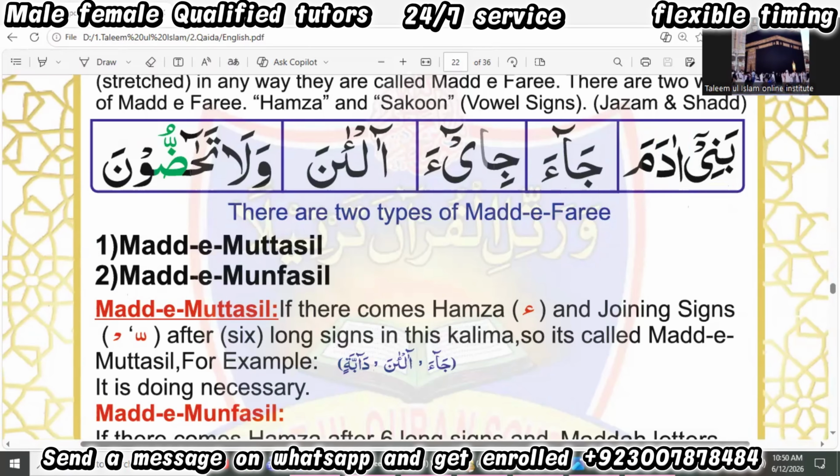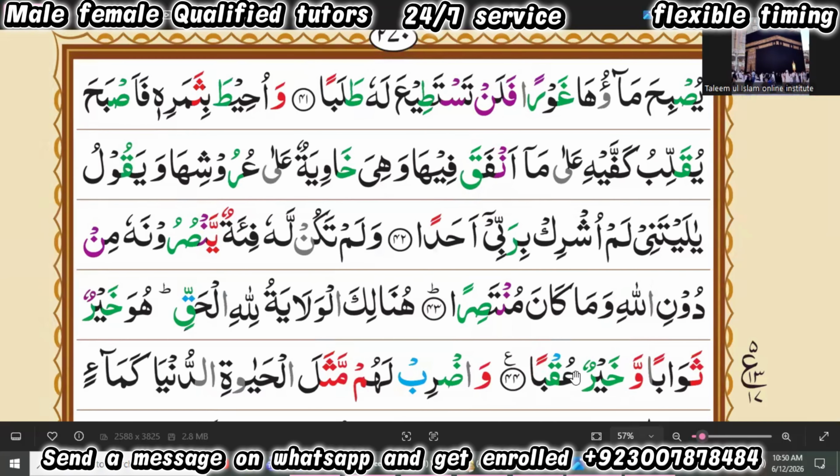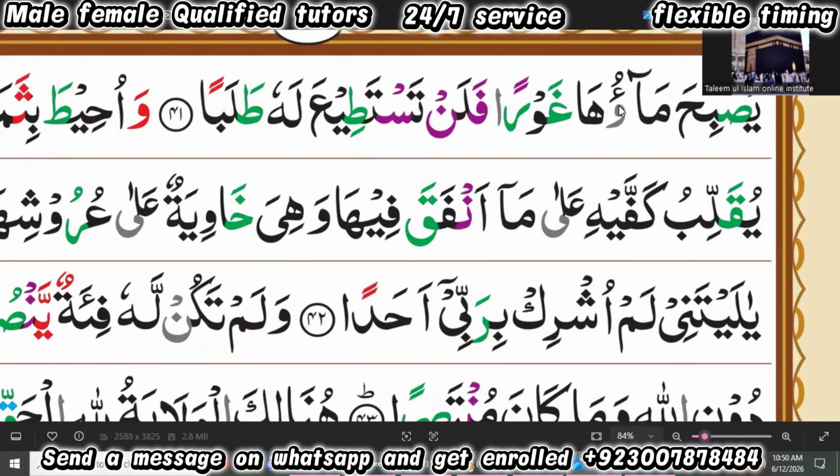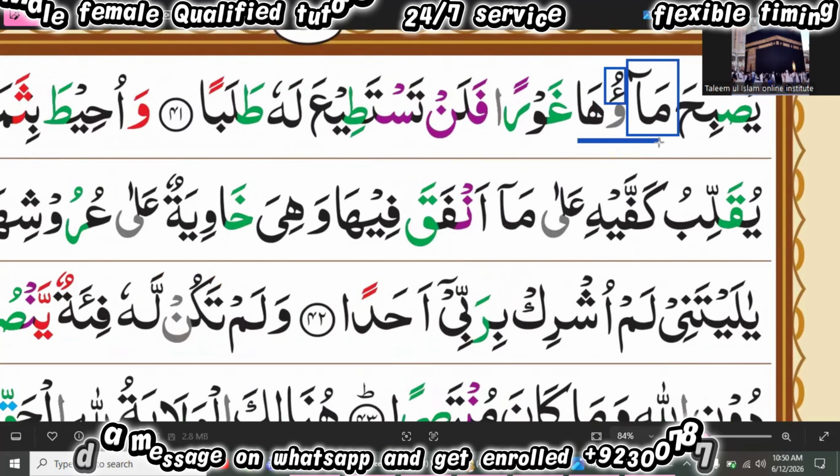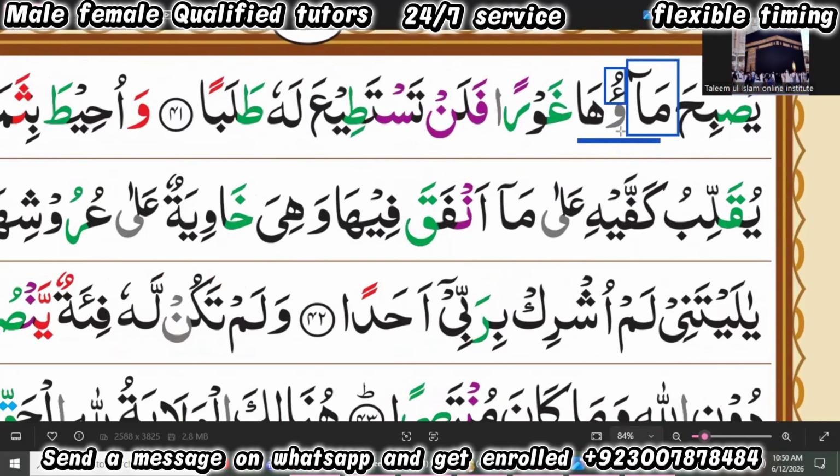Now moving to the Quran and trying to understand why there are mads. This is alif madda, and after alif madda there is a hamza. The hamza is in the same word, so we will read it like Ma'uha. This mad is because of the hamza, because the hamza is in the same word.